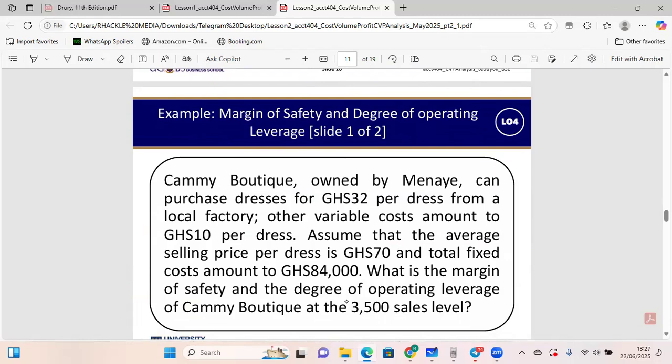What is the margin of safety and the degree of operating leverage? We established earlier with this same example that the break-even point was what? 3,000, I think. So let's go there.